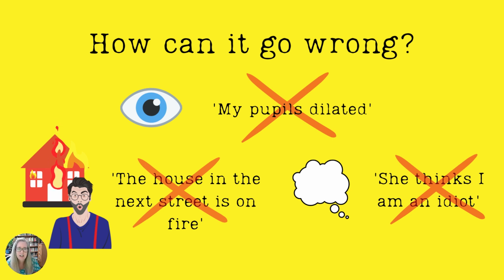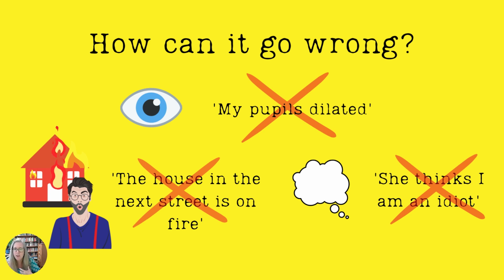So the main character is seeing something that they couldn't possibly know about. And this is the same for the next example. The characters can't know about things that are happening behind them or in another country unless they've been given the information first. So the example I've chosen here, the house in the next street is on fire. Yes, they might have been told about it, but they don't automatically know.